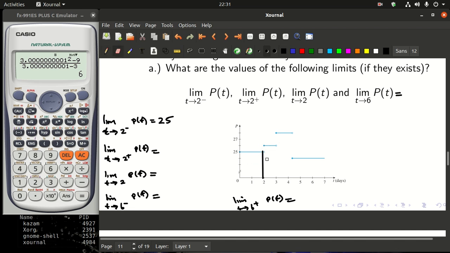Now, once I am done with that, I am going to look at this one. When t is equal to 2, this is 2. Now, the plus means on the right. So if I'm going on the right of 2, I'm supposed to be somewhere there. What will be the output of this function just after 2?